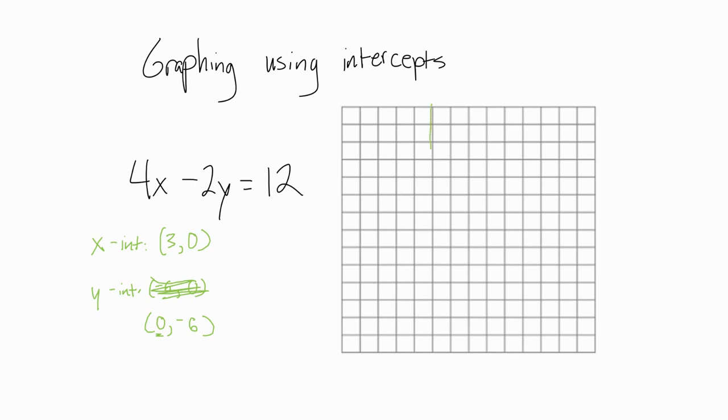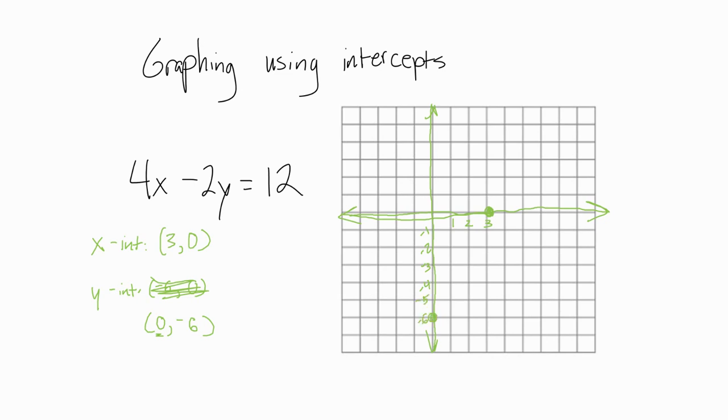So to graph that, I'm going to go ahead and put my x-y axis on the grid here. A little bit sloppy on that. Whoops. All right, and I'm going to graph at x is 1, 2, 3. That's my x-intercept, y is 0. And my y-intercept, negative 1, negative 2, negative 3, negative 4, negative 5, negative 6.